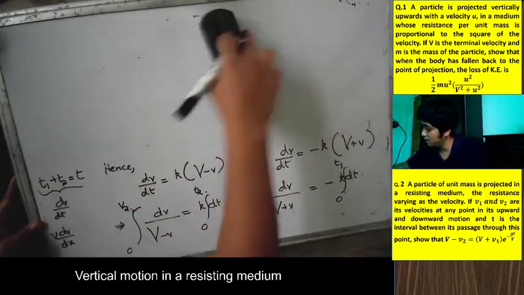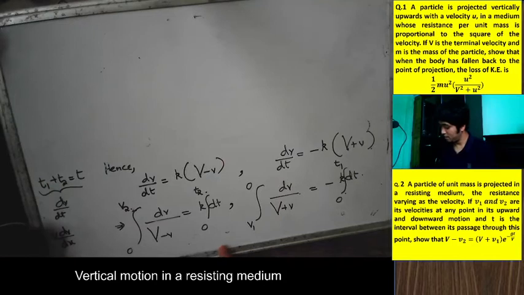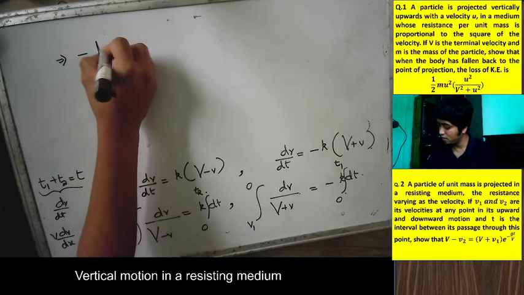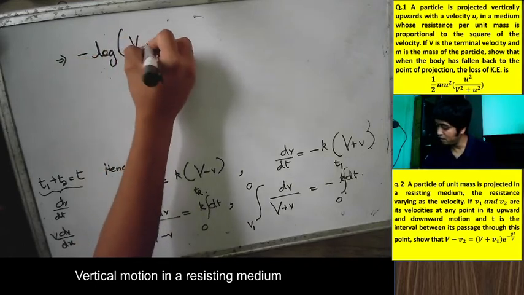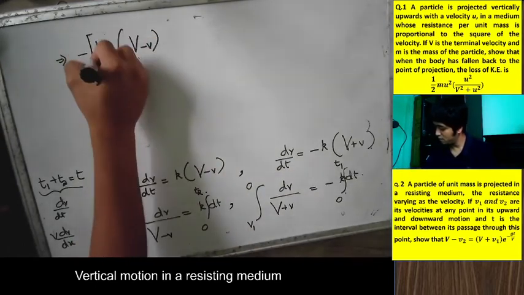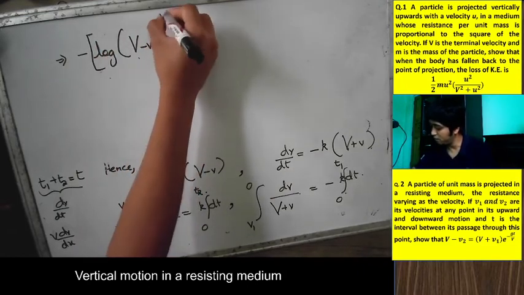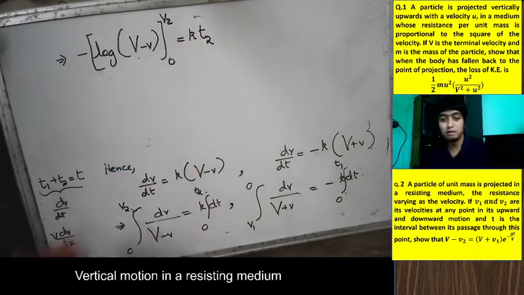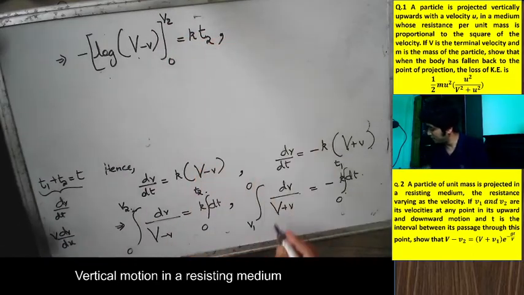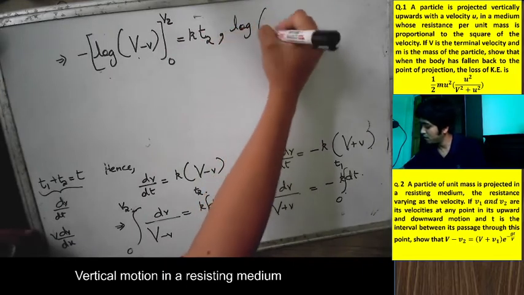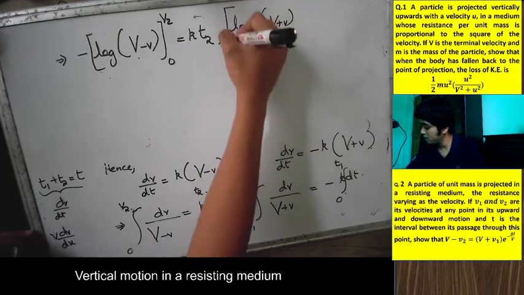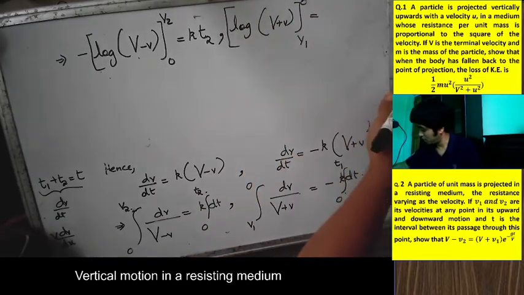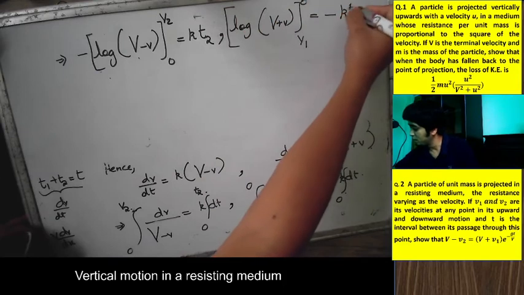Next, we just have to integrate. Integration of this one will be minus log (V minus v) from 0 to v2, equal to k t2. And integration of this one will be log (V plus v) from v1 to 0, equal to minus k t1.